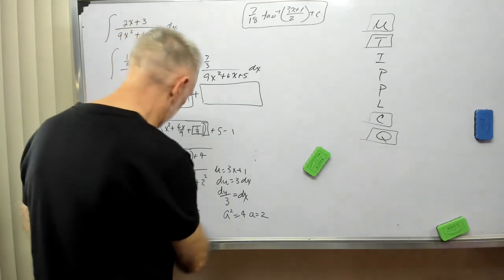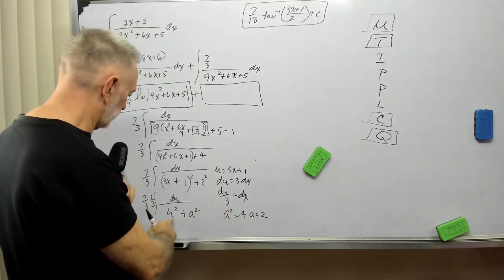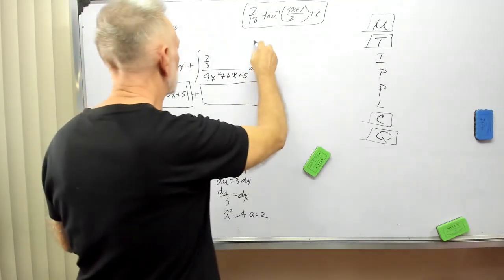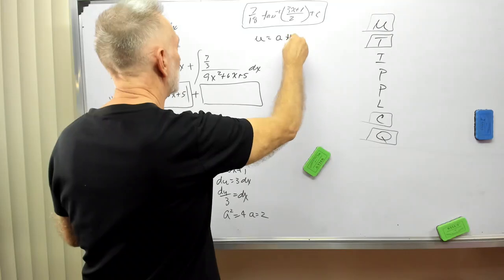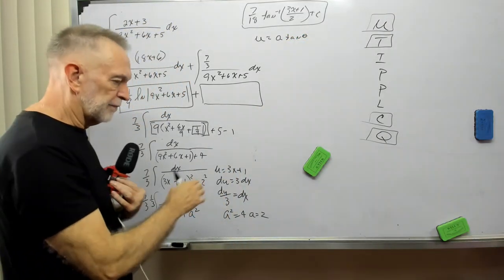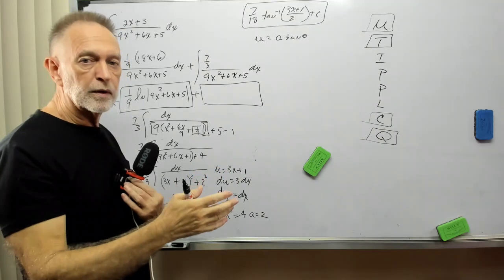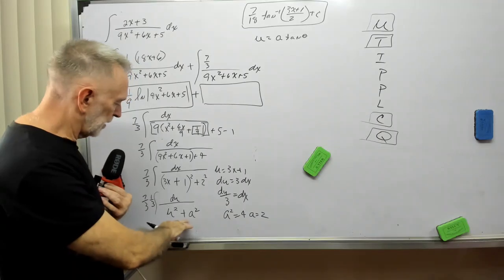So let's say a squared equals 4, a equals 2, and let u equal a tangent theta. The reason for that is you have tangent squared plus 1 equals secant squared, so this is in the form like that.